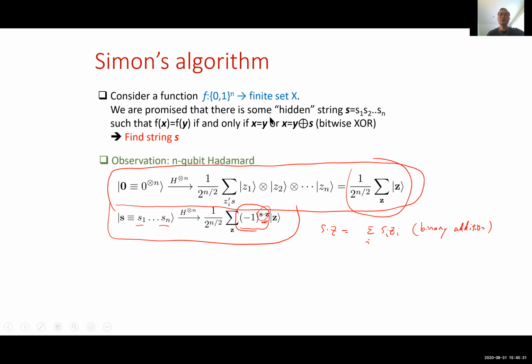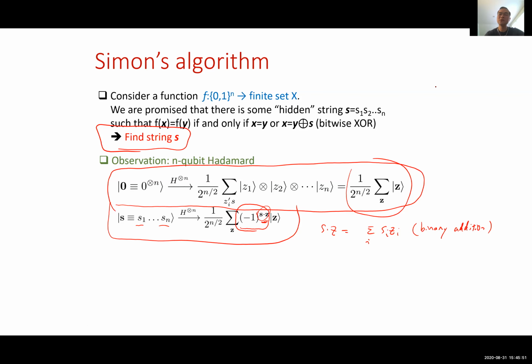Of course, if you have the same argument, you evaluate to the same value. But if the two strings differ by s, then it's guaranteed that they evaluate to the same value. The goal is to find s.